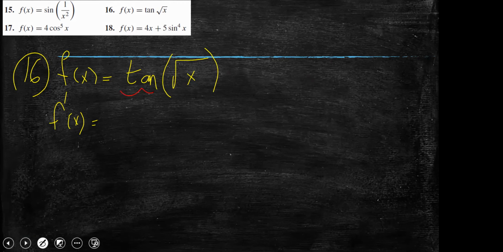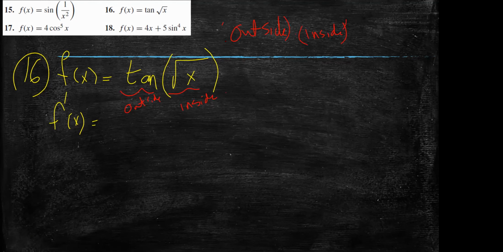Now this is the outside and this is the inside. And the derivative is the derivative of the outside times the derivative of the inside. This is the chain rule.